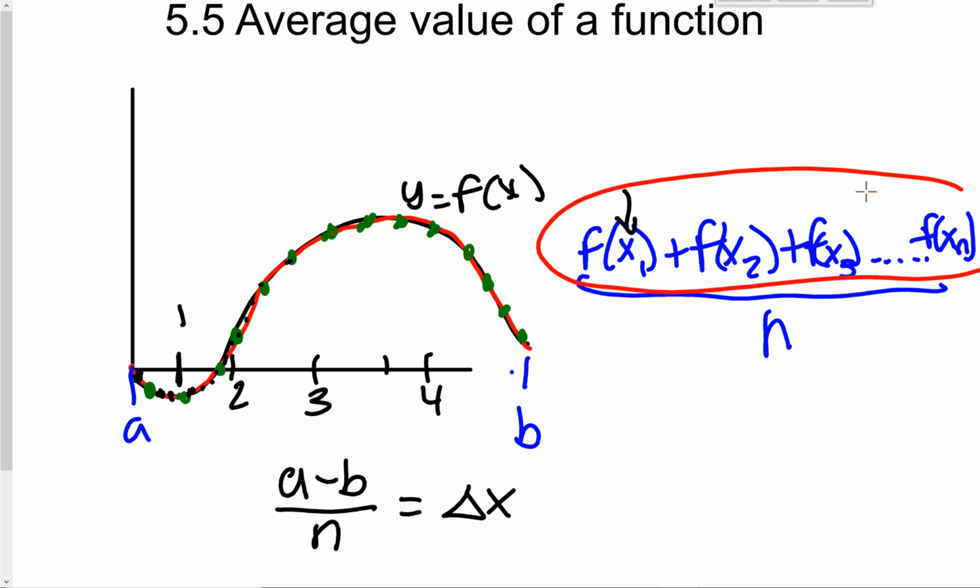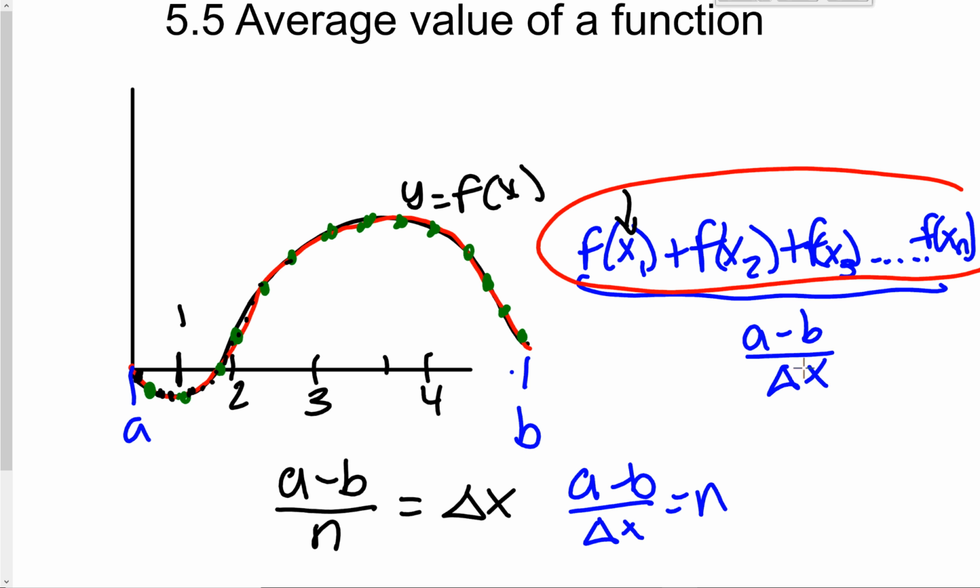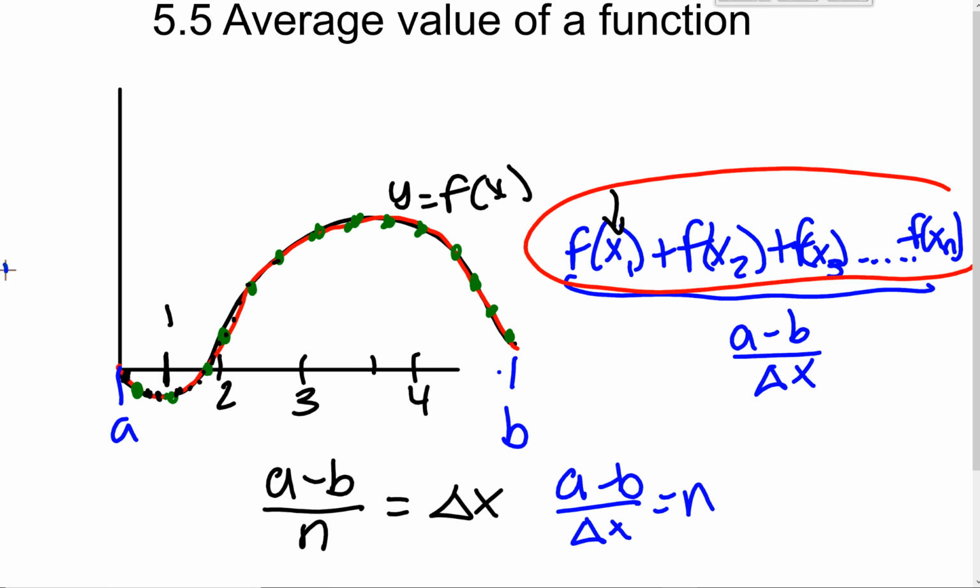Well, if I manipulate this a little bit, I can switch these places. So a minus b over the change in x would equal n, the number of times that I'm adding these up. When I divide by a fraction, I am multiplying by the reciprocal.